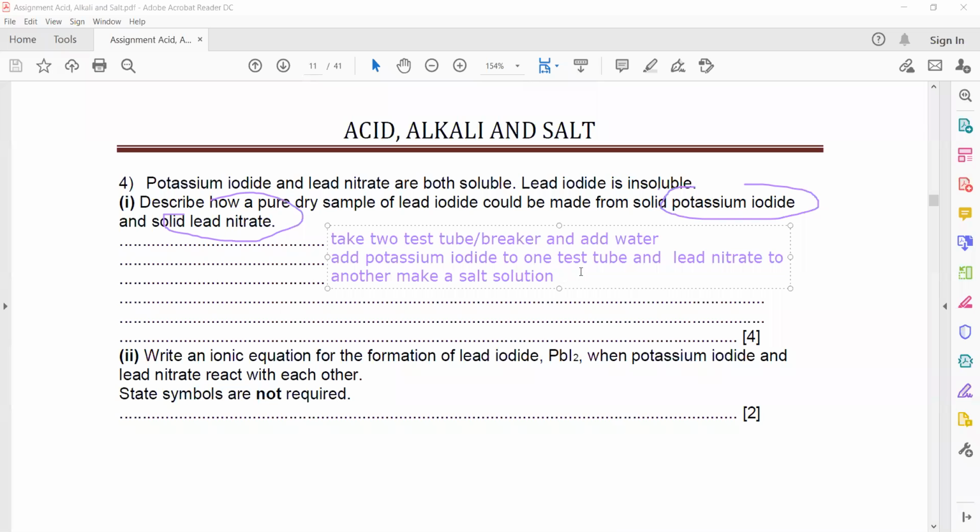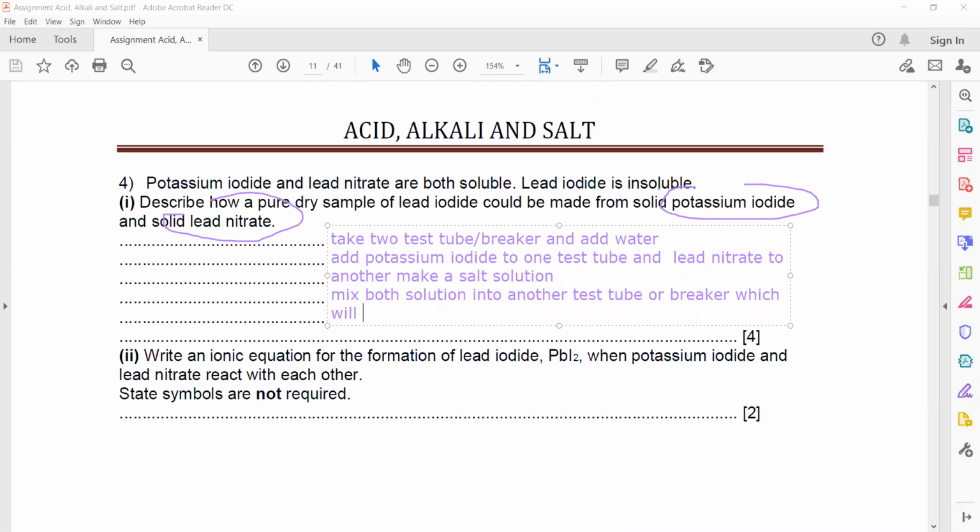So this will make a salt solution. Then we will mix both solutions into another test tube or beaker, which will form precipitate or PPT.